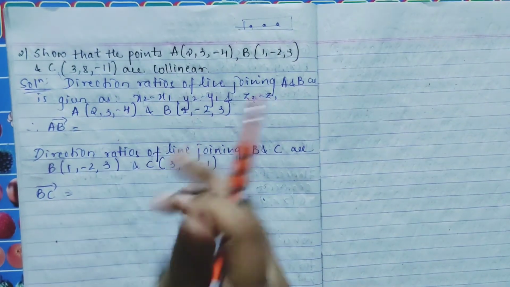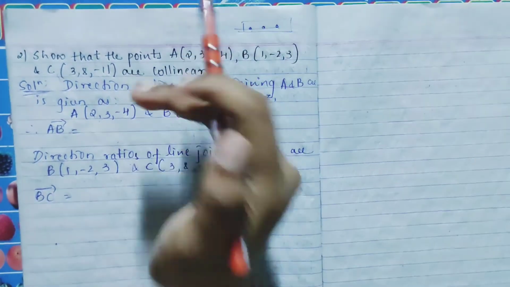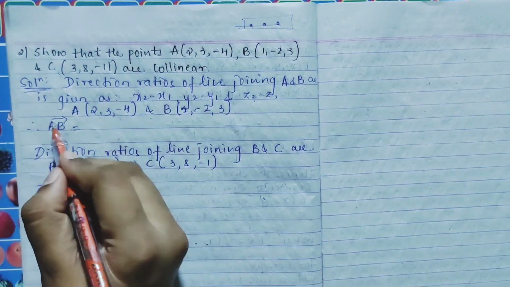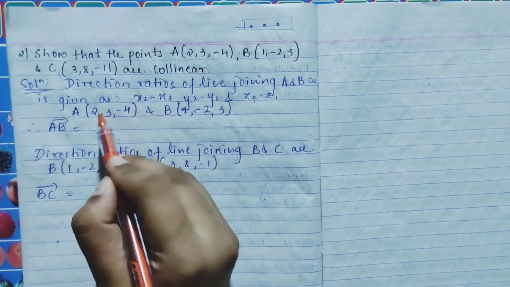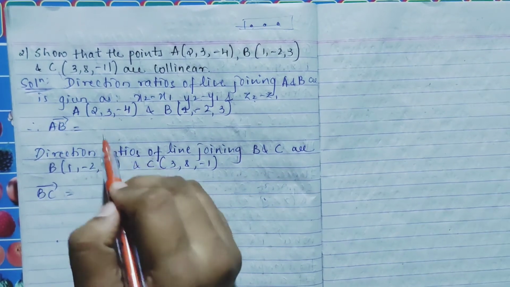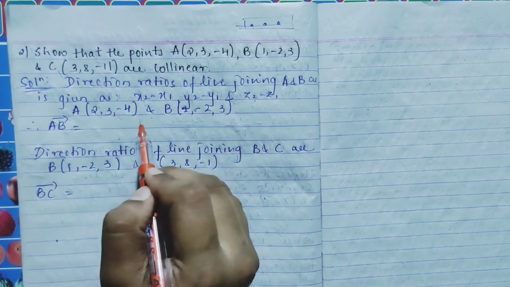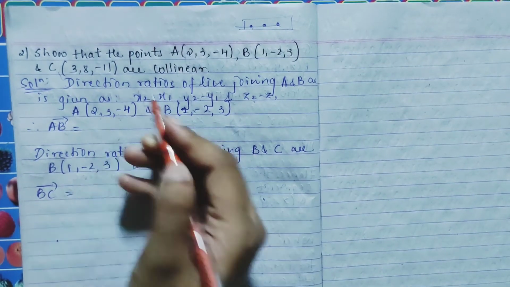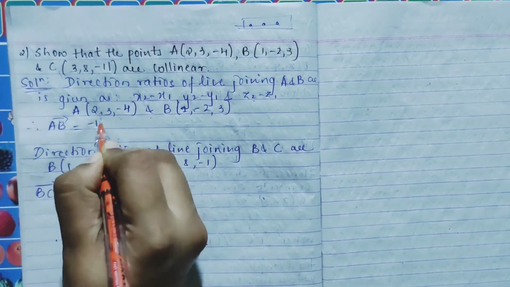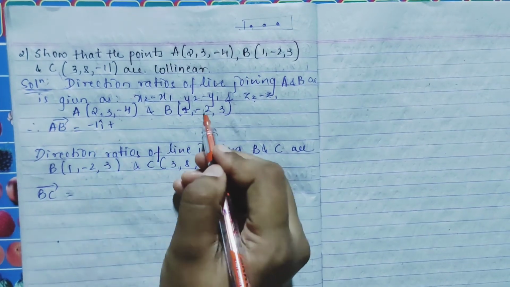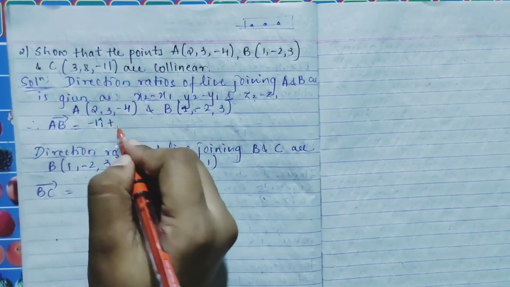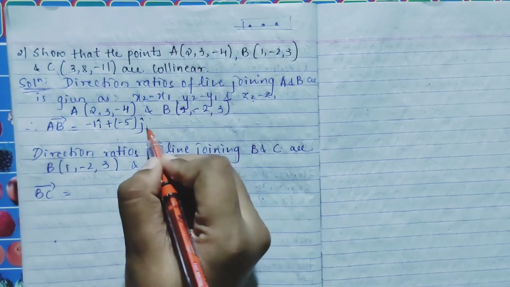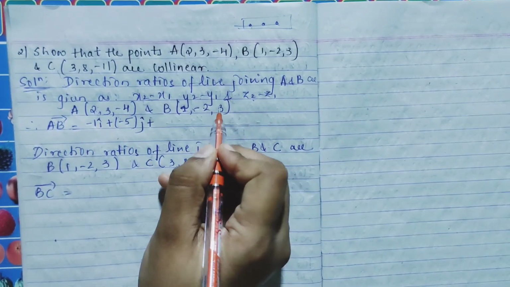So first we will go for our AB, then we will go for our BC. AB, we are taking the line first AB. See in your vector form how we used to do? AB vector means x2 minus x1 I cap plus y j cap plus z k cap. So 1 minus 2, it will be minus 1 I cap plus minus 2 minus 3, so this becomes minus 5 j cap plus 3.